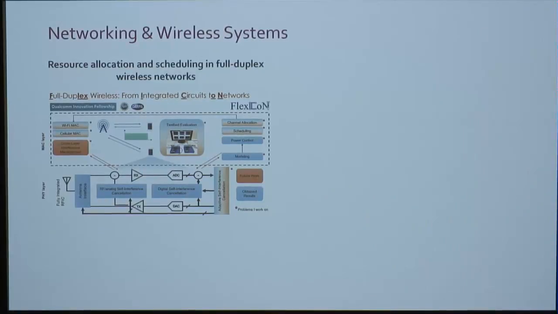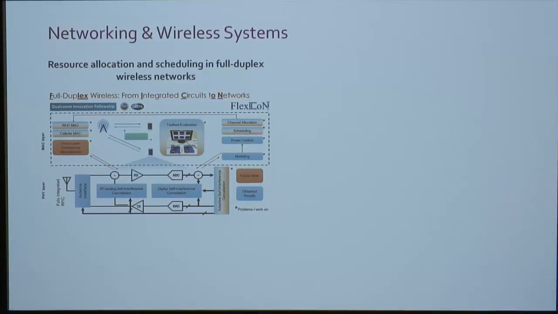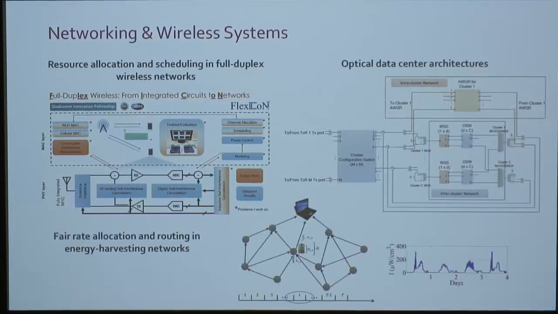It was very cross-disciplinary work with people who do integrated circuits, and we got an award from Qualcomm and invited papers and so on. More recently, I have worked on the design of optical data center architectures, and I also have work on fair rate allocation and routing in energy harvesting networks.